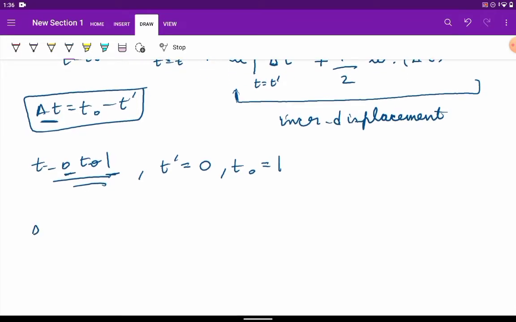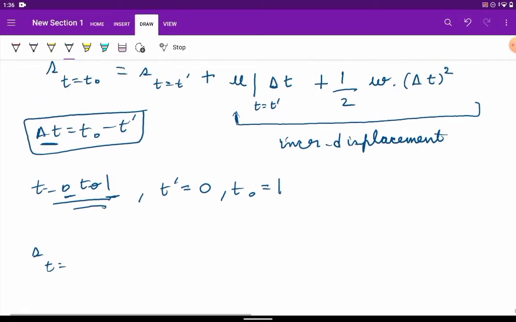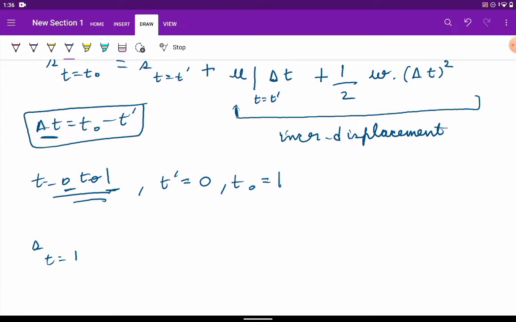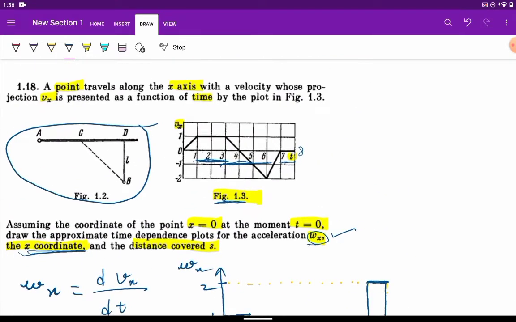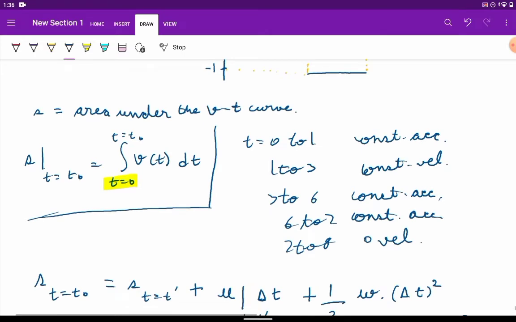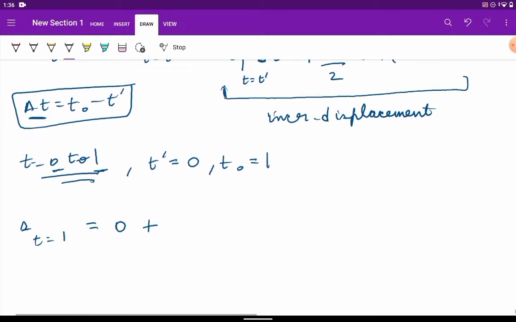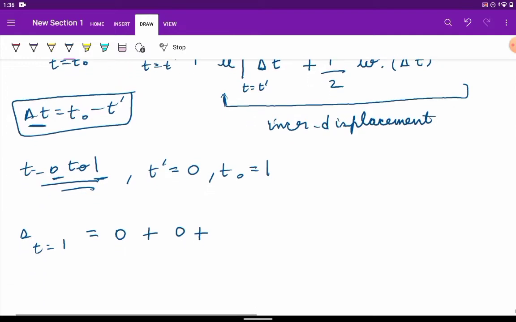So s at t equal to t naught, which is 1, is equal to s at t equal to t dash, which is 0, plus u at t equal to t dash. Initial u is, let's see from the curve, initial u is 0, from figure 1.3. So this term also becomes 0, plus half.